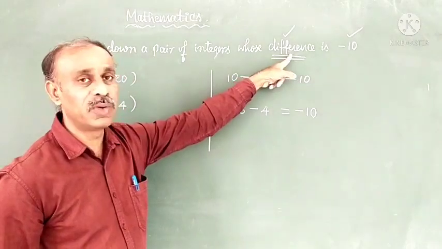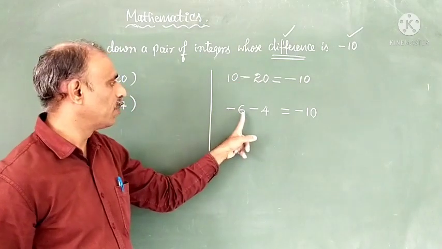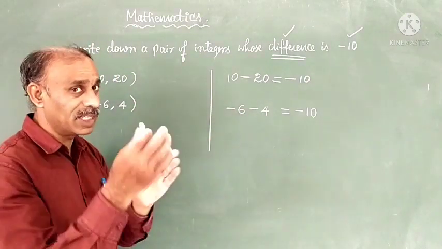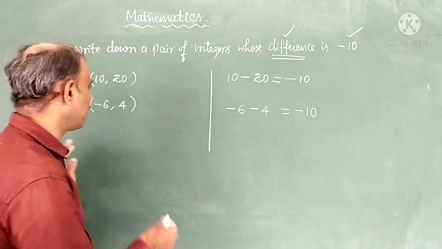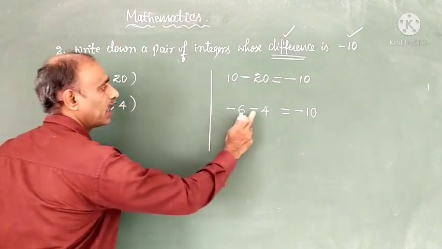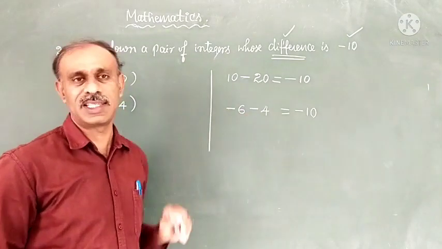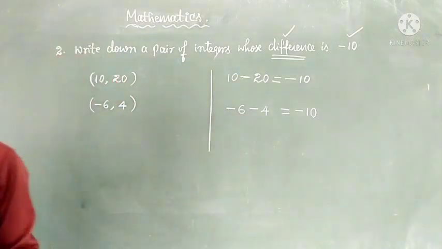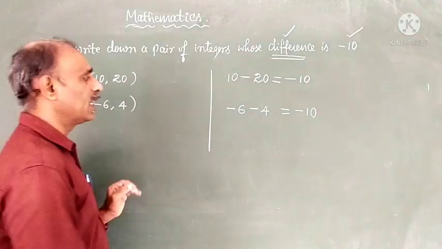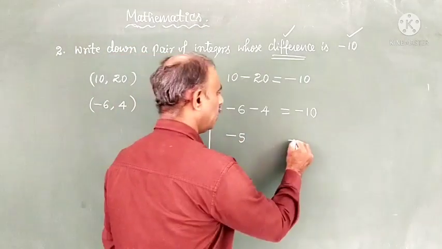Because first number, second number, right? What am I going to do? I need to subtract. So therefore, minus 4. So minus 6, plus 4 becomes minus 4 because we are subtracting. When we are going to subtract, this number's sign becomes minus. So therefore, minus 6, minus 4, minus 10. So like that. Suppose if I go with minus 5, I need to get minus 10.